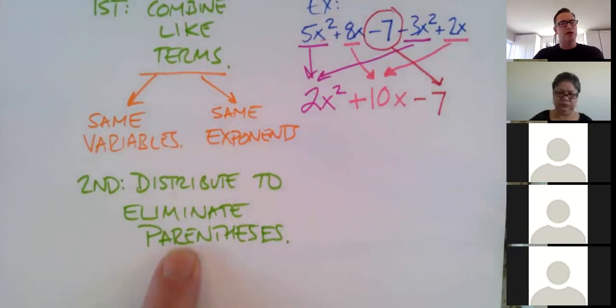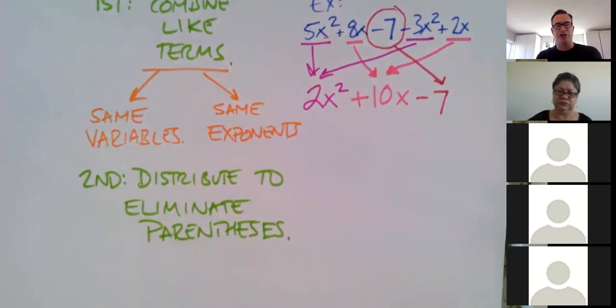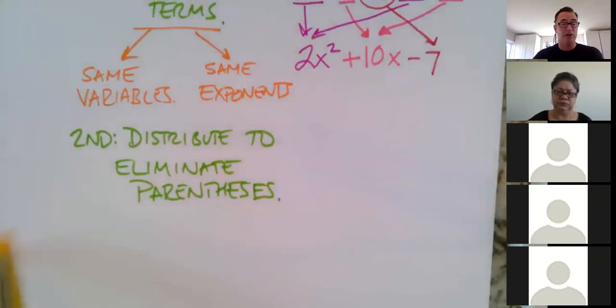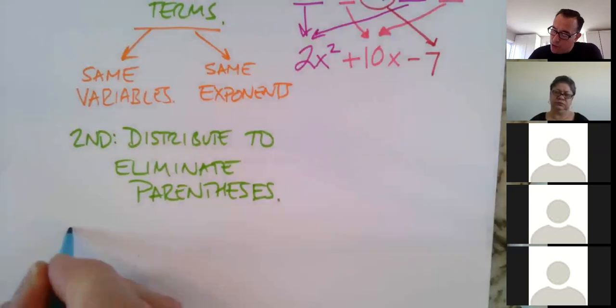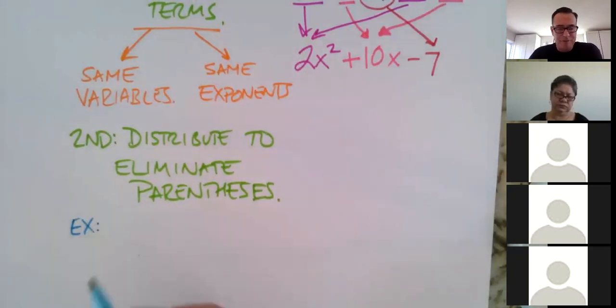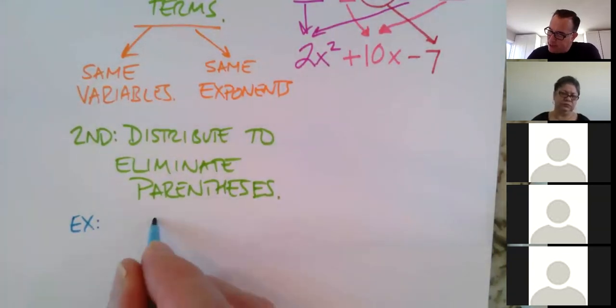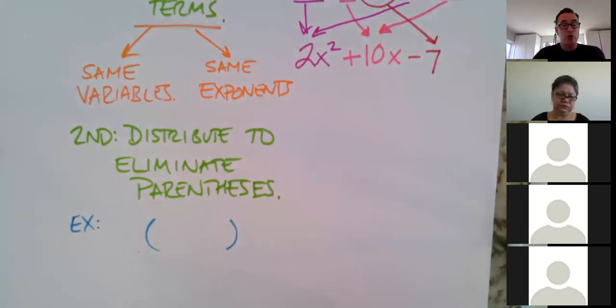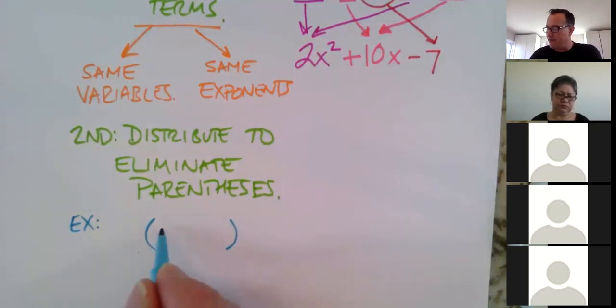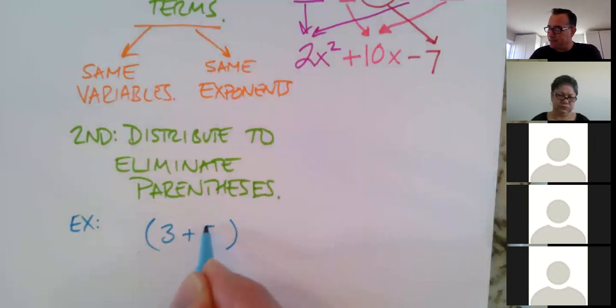What I want to make sure we can talk about, I'm going to put down underneath here just a general example, and then I'm going to do one that looks like simplification. So the example that we had before is anytime you have a set of parentheses with two things inside. Let's say I have a 3 plus a 5.